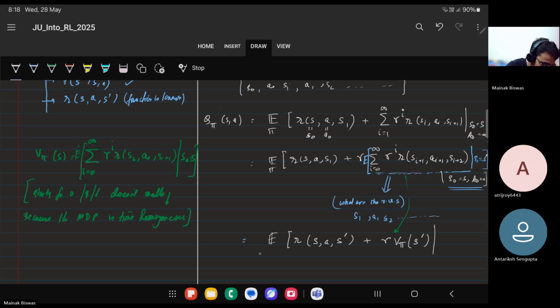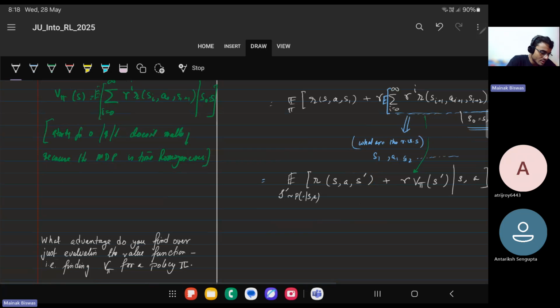Now, what is the only random variable that is remaining over here? S dash, because I'm summing over S dash. So S dash is sampled from the probability distribution of S dash given S and A. So S and A is given to me. Great. So now this is known to me.